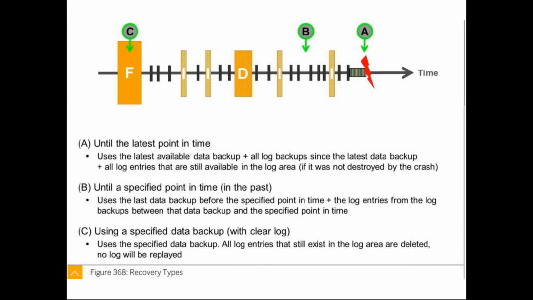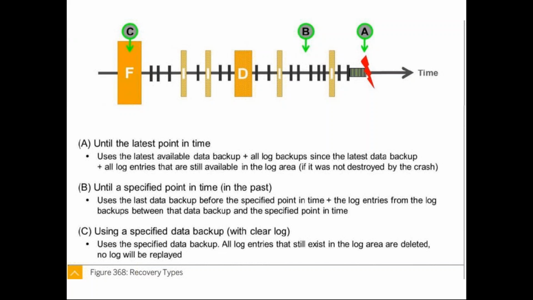And the third one is, you don't specify any particular time as such, but you have already taken a complete data backup and, using just that, you want to do the recovery. So only the data we have in that complete data backup will be recovered. If you want to do that, you use that specified data backup.